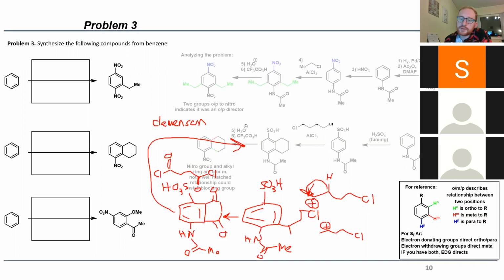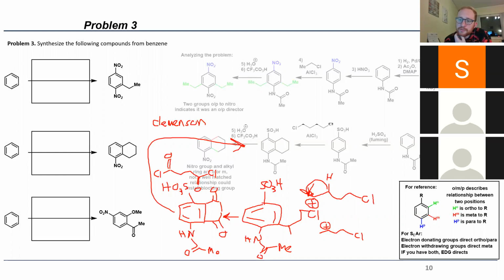So should we cleave the amide first and then reduce the two ketones? You could. I mean, honestly, at that point, once you've installed the ketones, the need for the protecting group is obviated. So you could remove the amide at any point. So if you wanted to remove it during the Clemmensen reaction, you could as well.